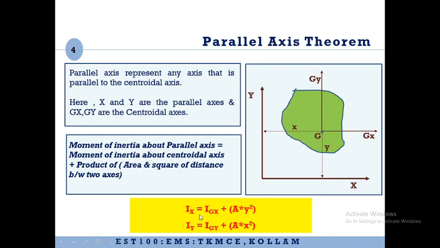Or in another way you can remember is distance between the x-axis will be nothing but the y coordinate. Distance between the y-axis will be nothing but the x coordinate. We will see the application in the coming slides.